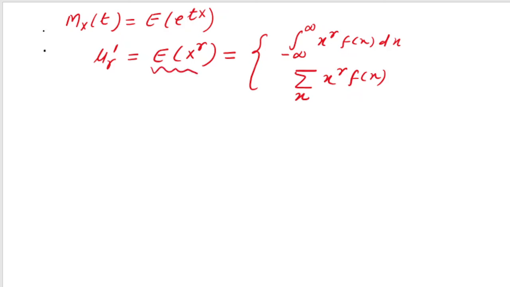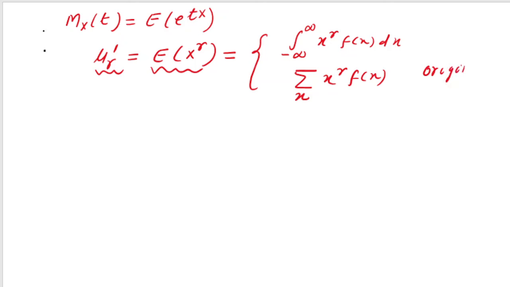So this is the rth order moment. Again I repeat, the rth order moment of a random variable x is the expectation of x to the power r, represented as mu r dash, calculated about the origin.